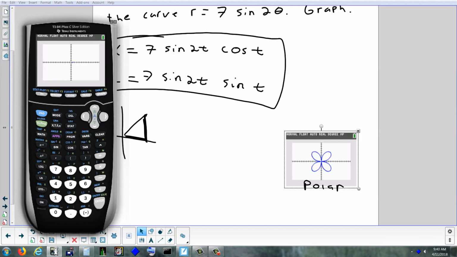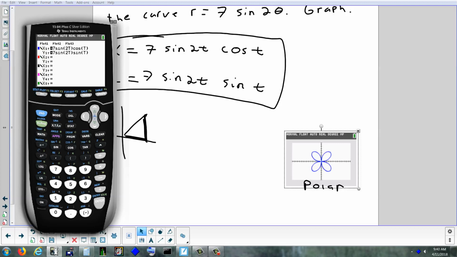And we're done. So what should I adjust my T-max to? Keep in mind, what is my parameter this time?